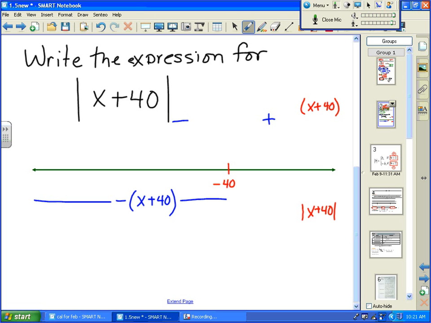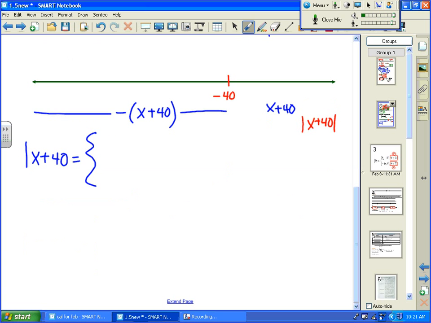Okay, and what about in this region here? Okay, so I'm going to write the absolute value of x plus 40 is equal to, we do the positive one first, gives x plus 40.